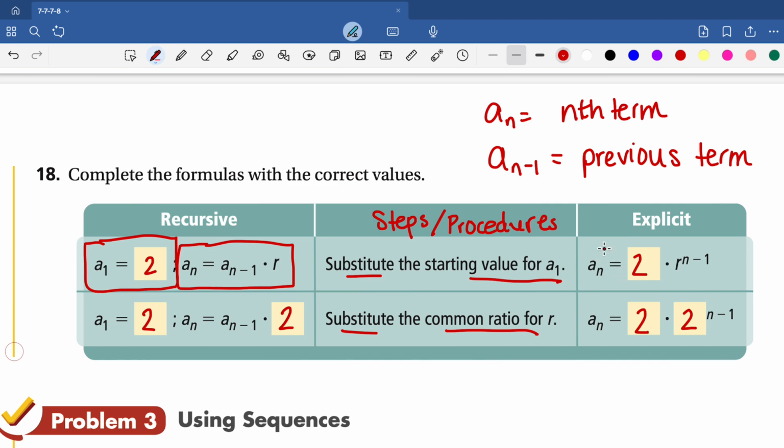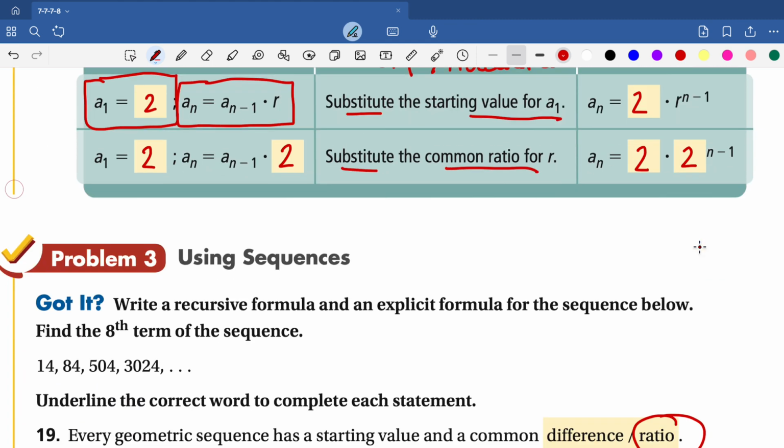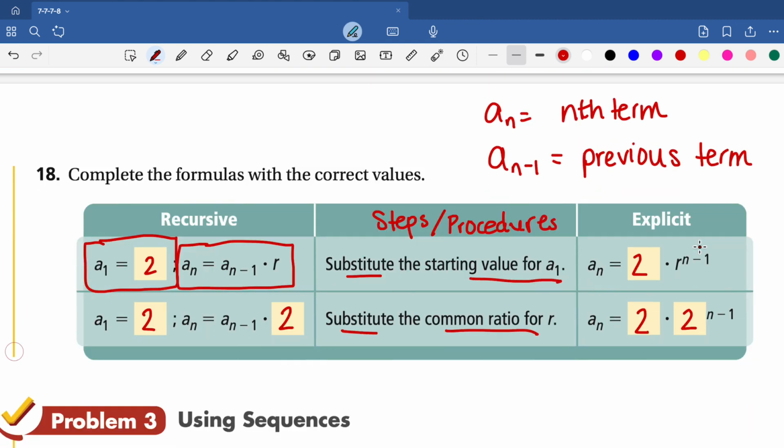For the explicit formula, everything is written in one equation. So a sub n is equal to your first term times r, your ratio, to the power n minus 1. So we just plug those values in. A sub 1 is 2, and your ratio here is 2 as well. Okay, so your recursive formula has two parts again.